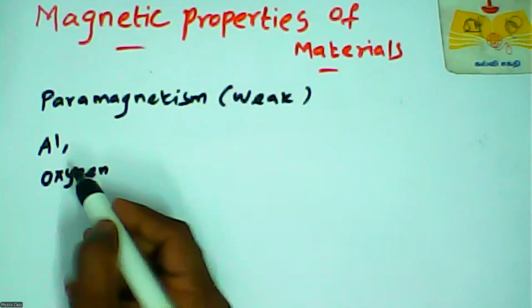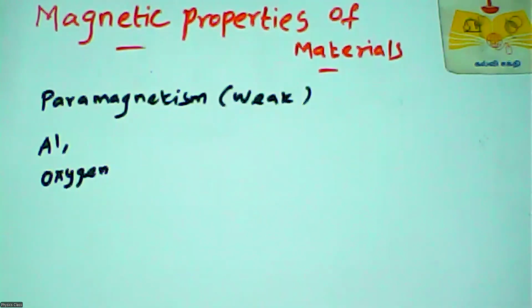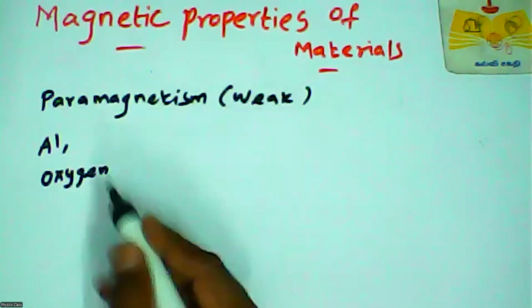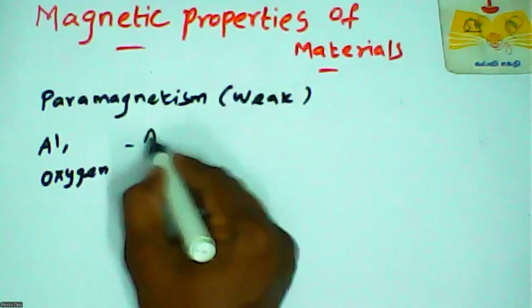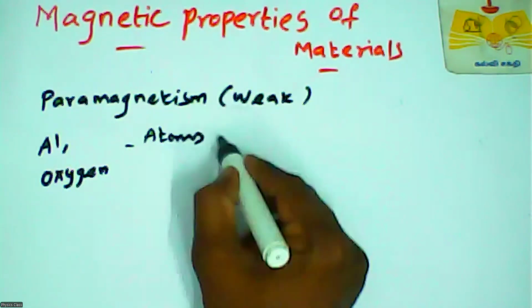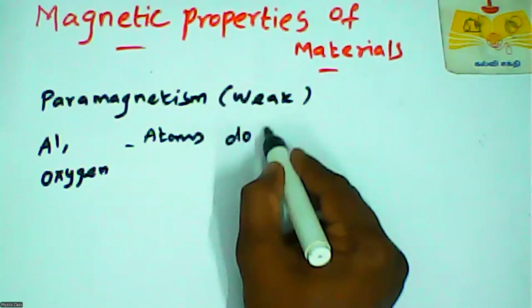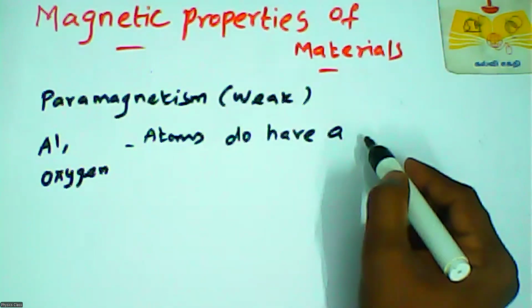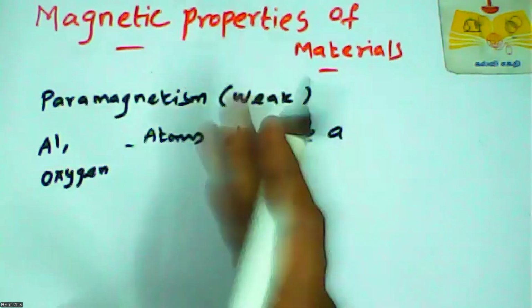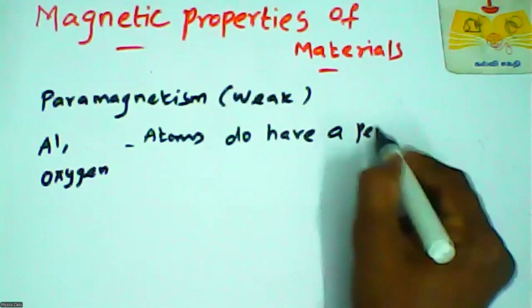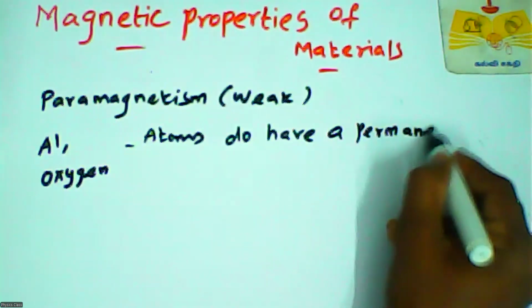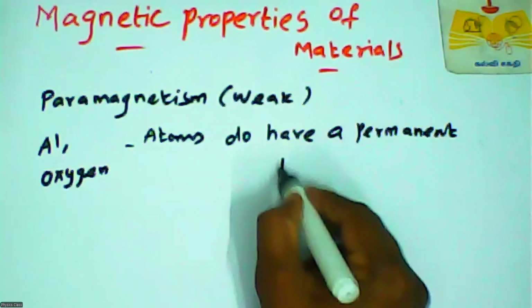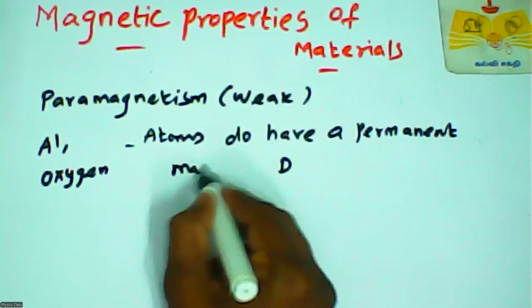In paramagnetic materials, the atoms do have permanent magnetic dipole moments.